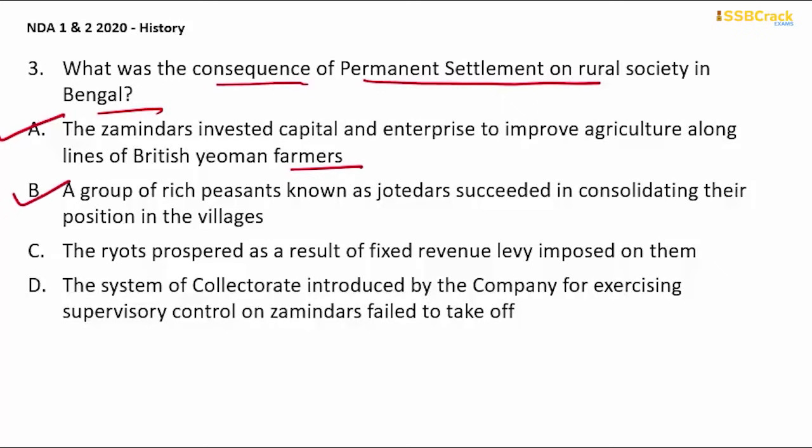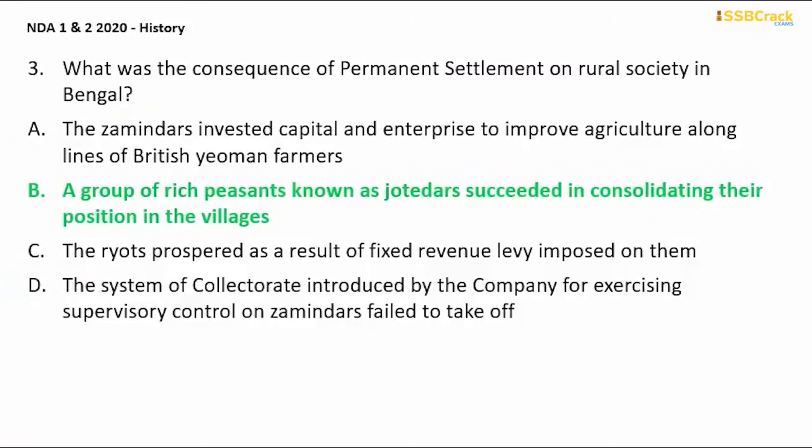B. A group of rich peasants known as Jotedars succeeded in consolidating their position in the villages. C. The ryots prospered as a result of the fixed revenue imposed on them. And D. The system of collectorate introduced by the Company for exercising supervisory control on Zamindars failed to take off. So under this, you need to choose the correct option.